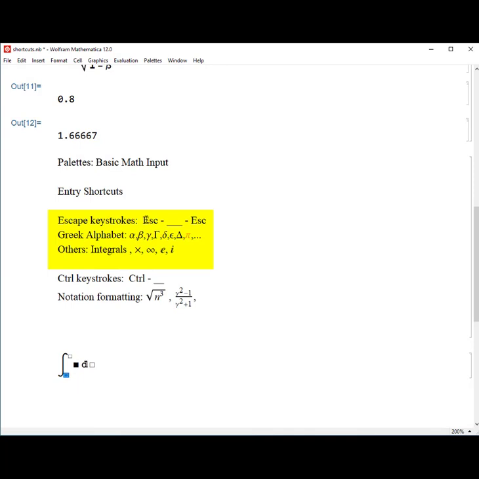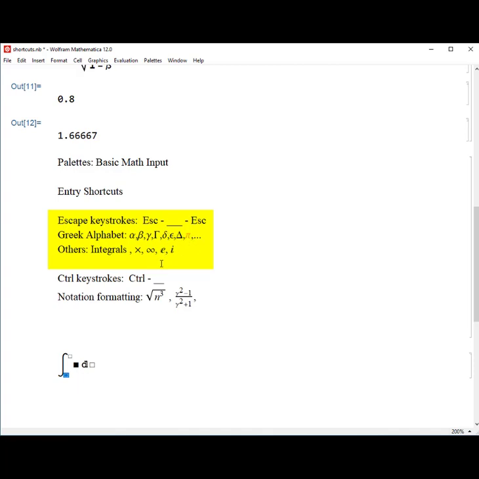The typical escape keystroke requires 3 keystrokes. You hit the escape key, then you enter another key, and then you hit the escape key again. Some examples of things that you do with the escape key sequence are entering the Greek alphabet, alpha, beta, gamma, delta, epsilon, and so on and so forth.